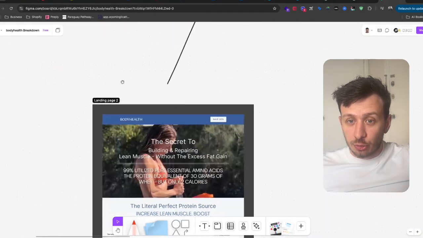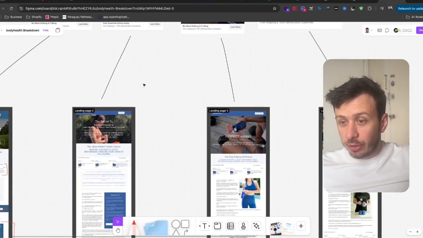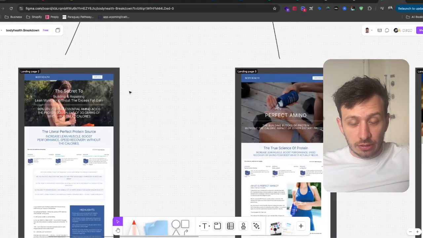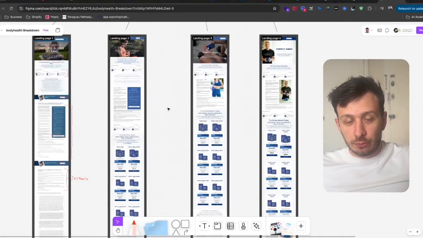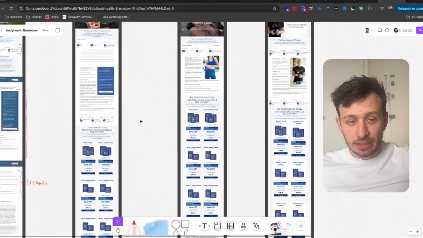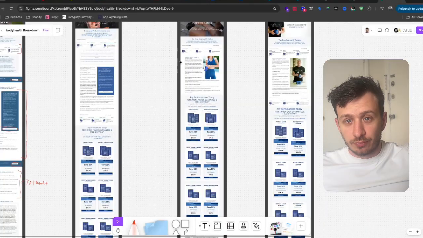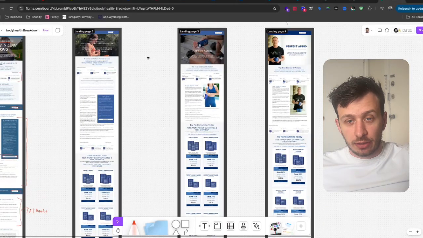Now let's look at the three other pages. Something I want to mention about those three landing pages is that the above the fold is the only thing that is different. If you look at it from afar, it's very similar actually, not even just the above the fold. We have the above the fold that is different for all of these. The second image with the benefit is different.